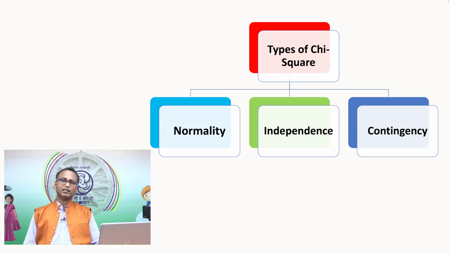These three types can be calculated in different ways, but the basic principle is that chi-square tries to find out the association between the observed data and the normality data, the observed data and the independence data, and the observed data and the contingency data.